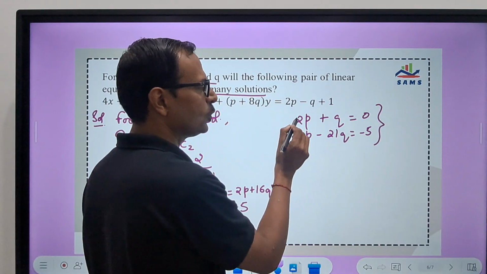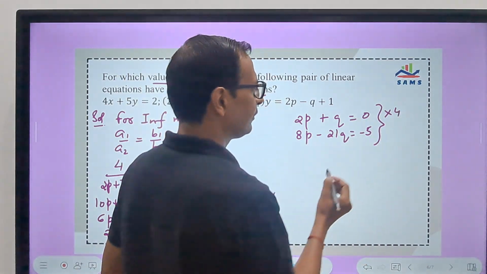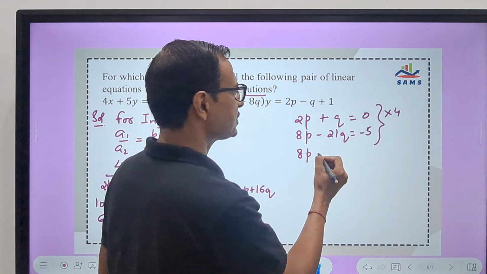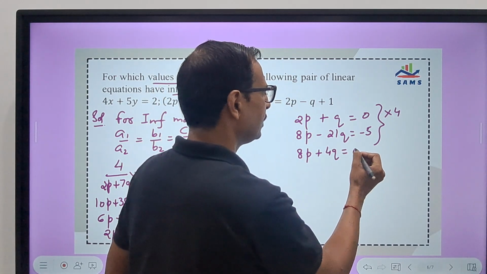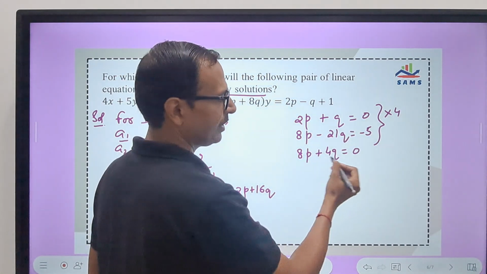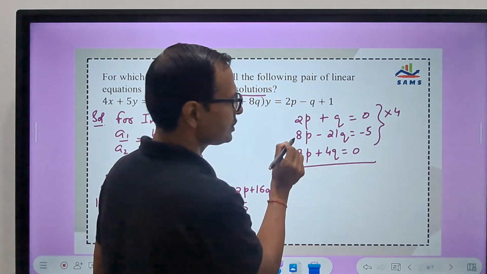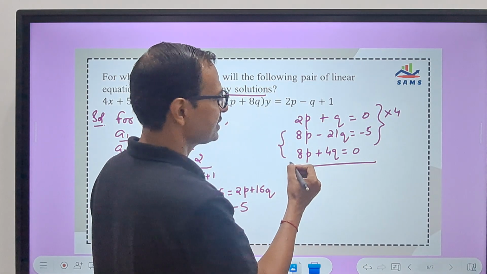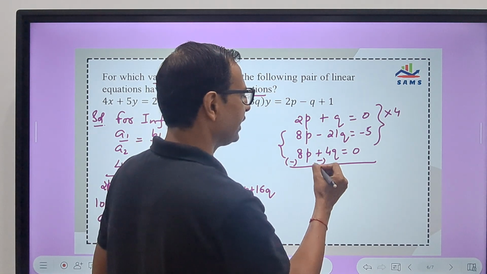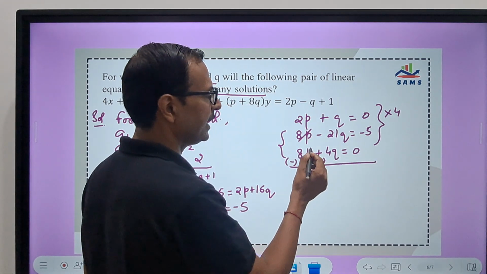Equating the coefficients, so 2 and 8, so multiply by 4, so you get 8p plus 4q equals 0, right? This becomes the first equation now. So if you see these two equations, change the sign, and 0 doesn't contain any sign.